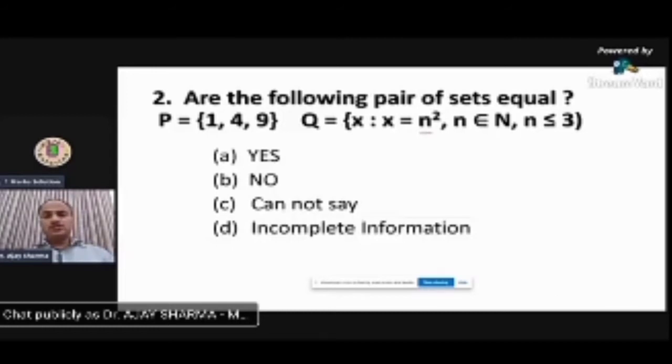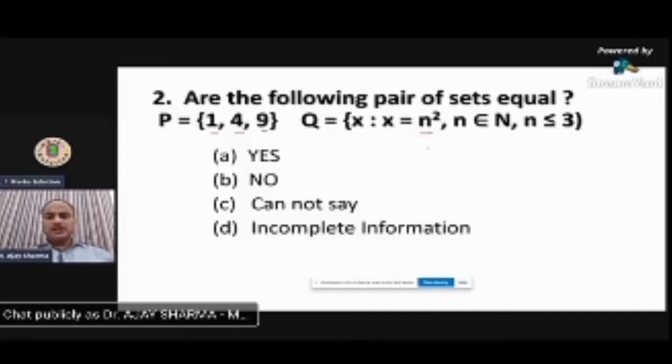So what are the squares of these numbers? The square of 1 we know is 1. The square of 2 is 4, and the square of 3 is 9. So set Q also has these three elements, 1, 4 and 9. So both the sets have the same elements.